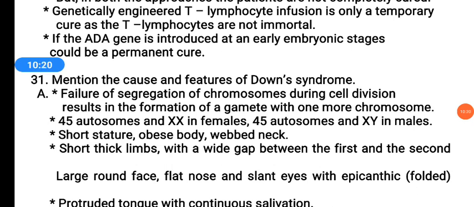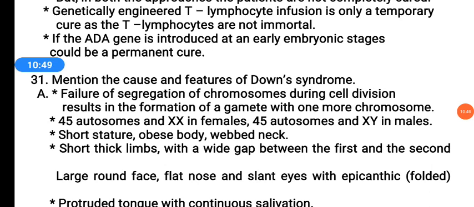During cell division, the separation of chromosomes fails. That failure results in the formation of gametes with one extra chromosome. That means nothing but the 45 autosomes and XX. There are two sex chromosomes in the females. Here what happens? The chromosomes will not separate. Here the body chromosomes become more. Instead of 44, it becomes 45.